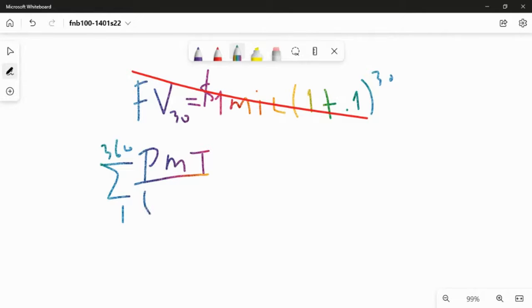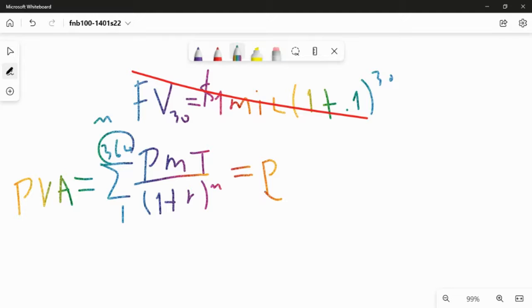You're paying in the future, starting from the end of this month, and the payments already include your principal and interest. Of course, n is 360. This is the present value of annuities, which should be equal to your principal of 1 million, right? So it's a present value of annuity case.